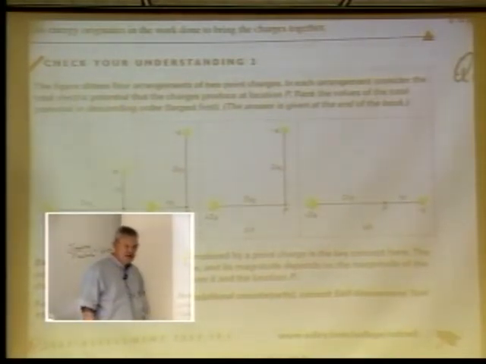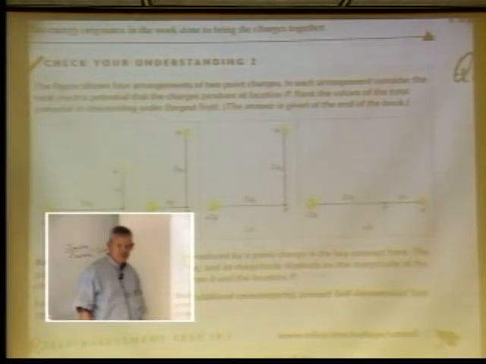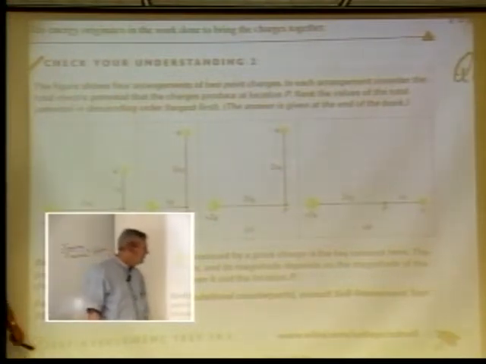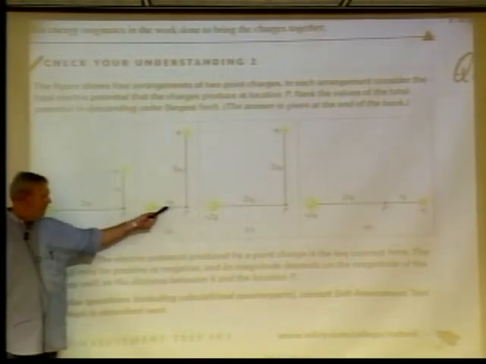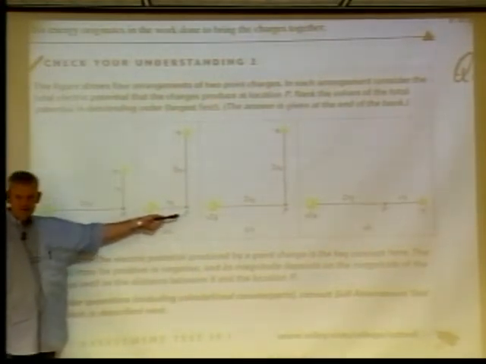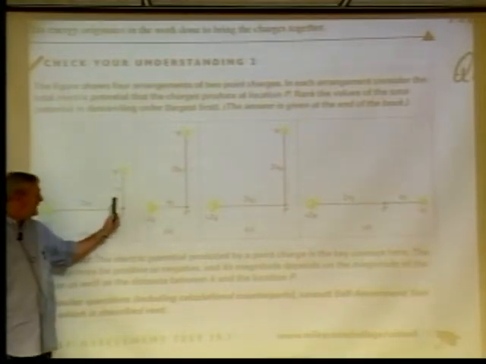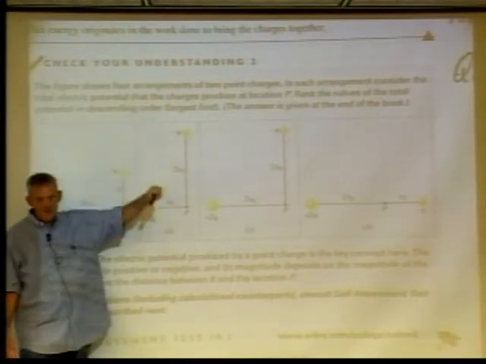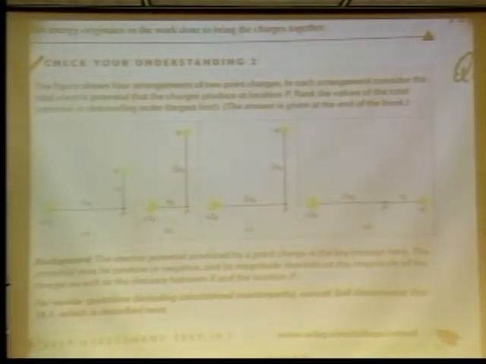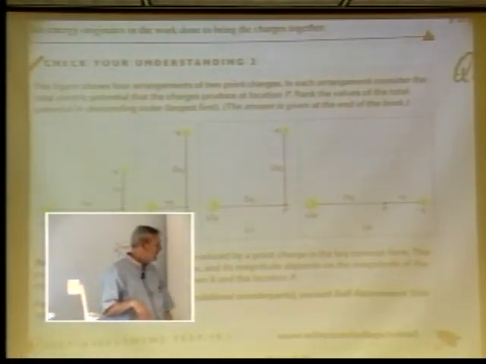I can't stand it any longer. Just by looking at this, which one should be the biggest? Why? Most charge, closest to it. Right? What if it was a negative 2 and a positive Q here? If it was just the magnitude of the potential, then it would still be that one.